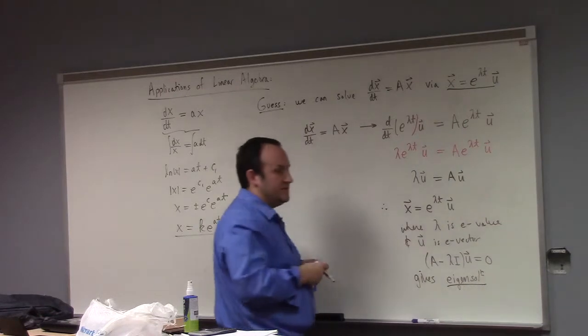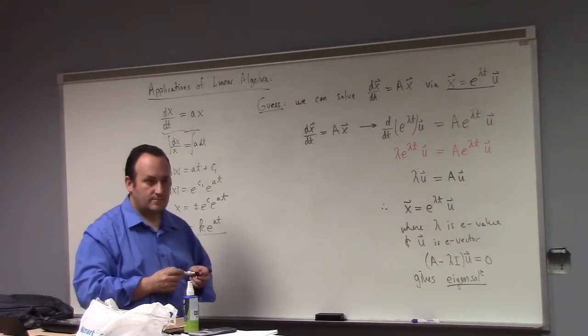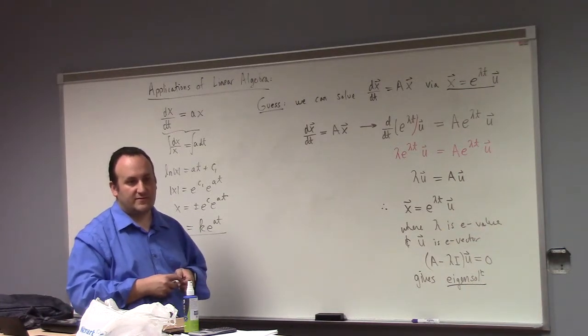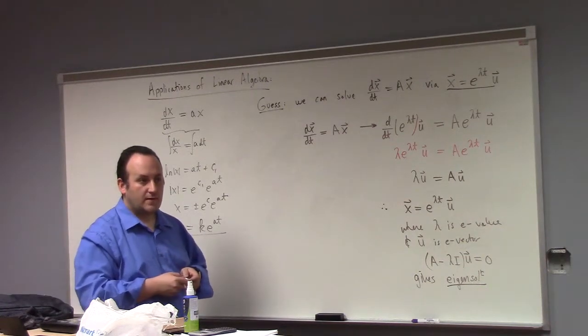It gives us an eigensolution to the differential equation. In the case that your eigenvalue comes out complex, you have to take the real and imaginary parts of this. It's the complexification idea. It gives you sines and cosines times vectors, right?